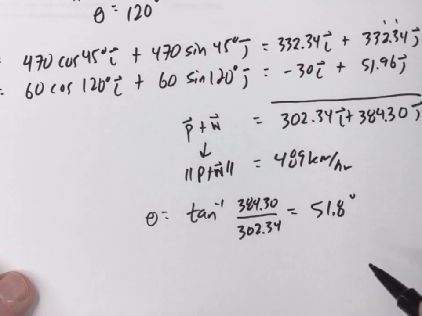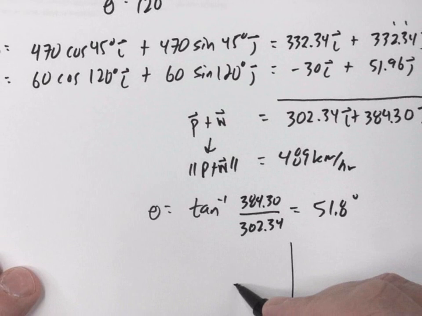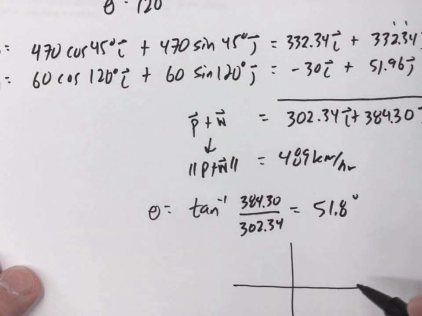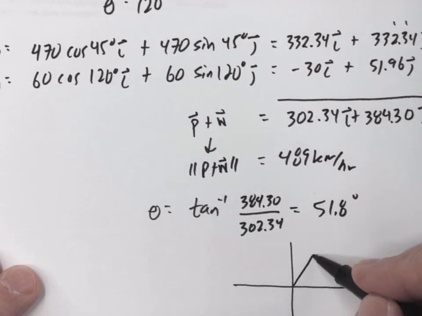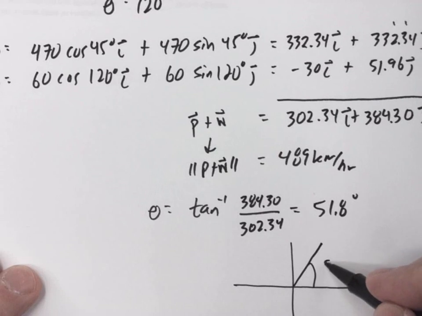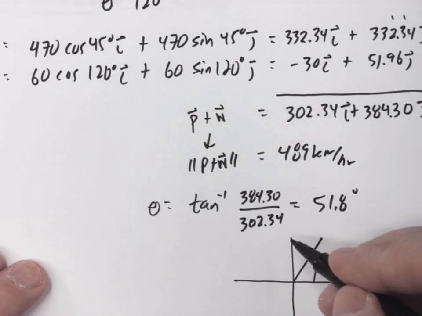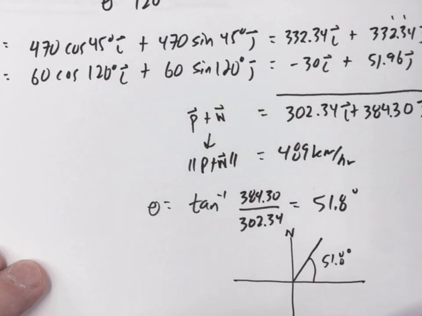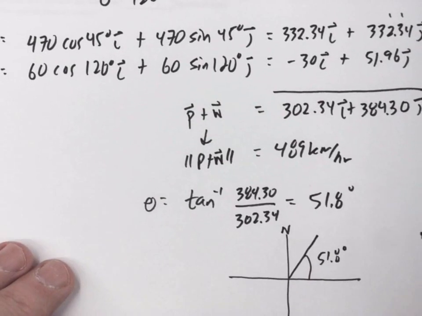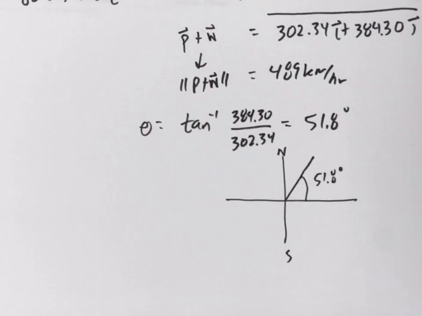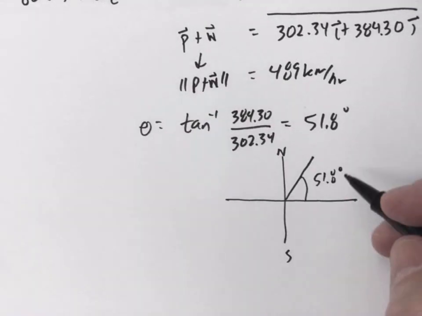So 51.8 would maybe be like right here. But these compass directions, they always start with north or south.